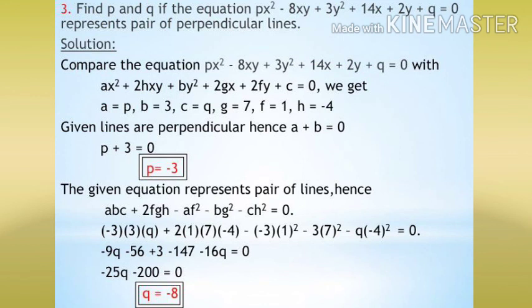Hence abc + 2fgh − af² − bg² − ch² will be equal to 0. Substituting the values, we get −25q − 200 = 0, that is q is equal to minus 8. So using the two conditions, perpendicularity and pair of lines, we have found the values of the two variables p and q.